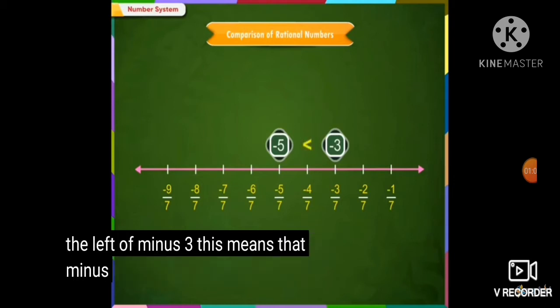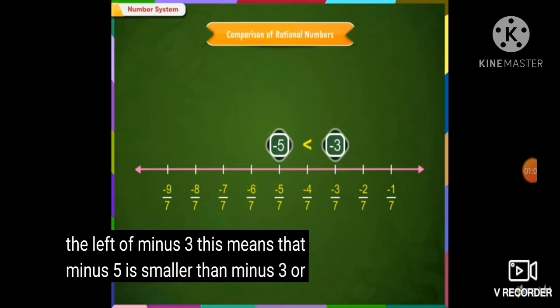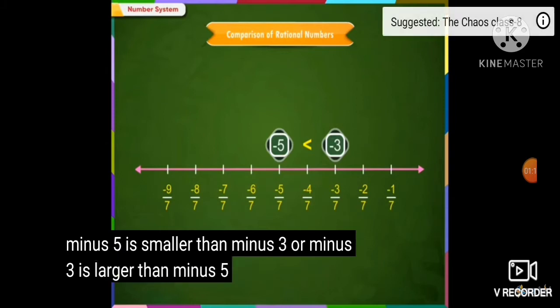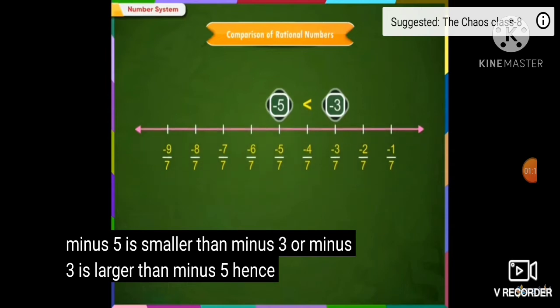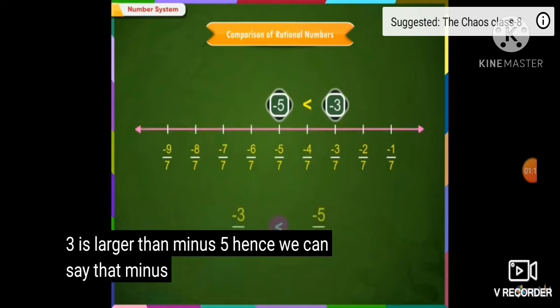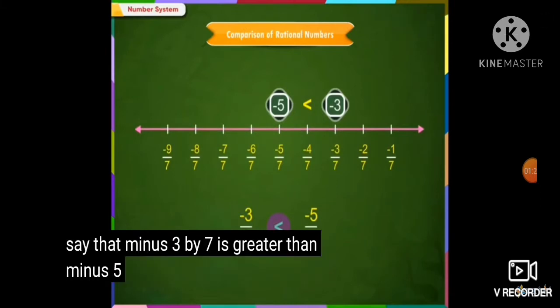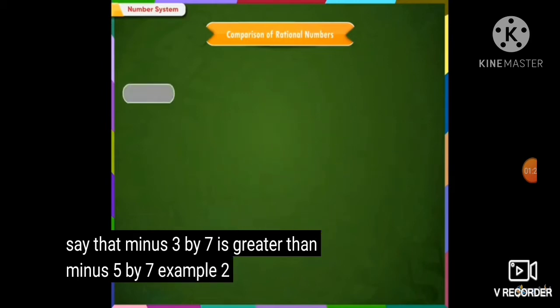So this means that minus 5 is smaller than minus 3, or minus 3 is larger than minus 5. Hence, we can say that minus 3 by 7 is greater than minus 5 by 7. This is comparison of fractions with the same denominators.